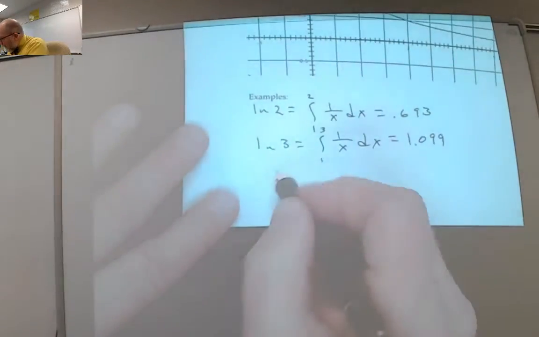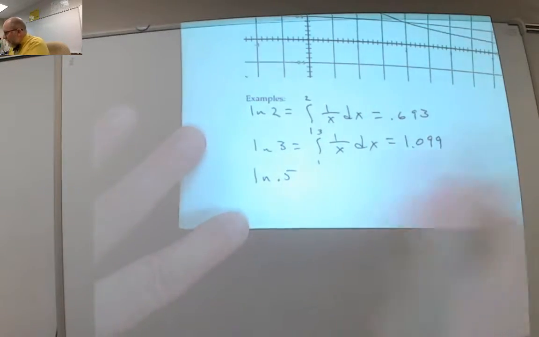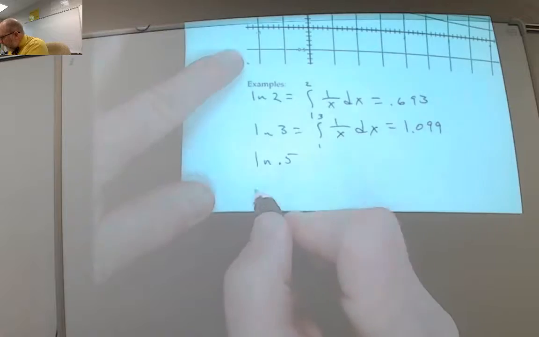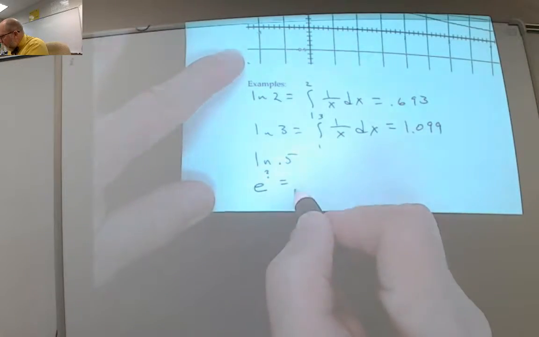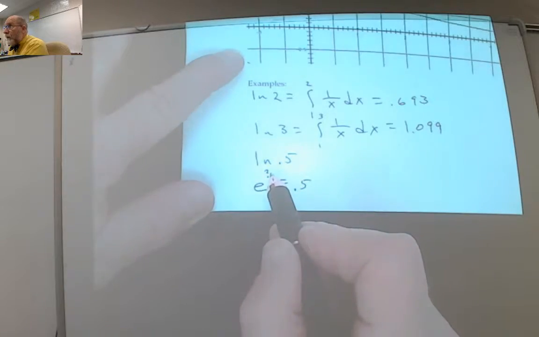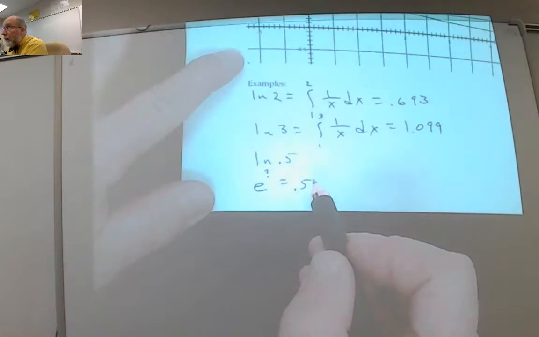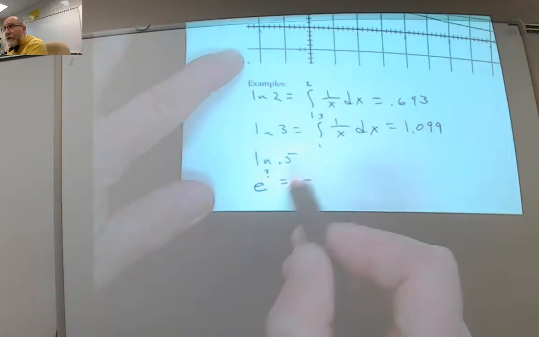And if I were to integrate a half. If I think about this, really what I'm saying is e to some power equals 0.5. That'll have to be negative, wouldn't you agree? Because e to the first is going to be e, or 2.718. So I'm going to need a negative answer as an exponent.